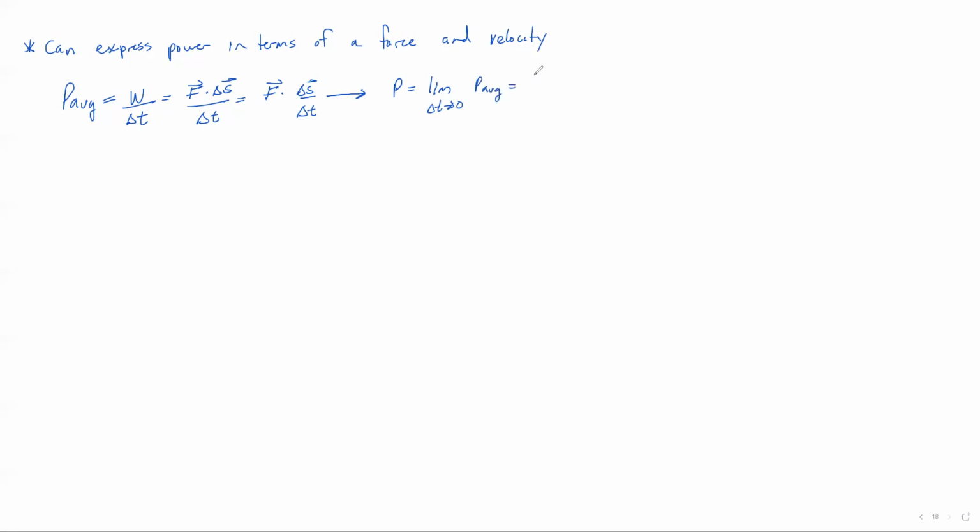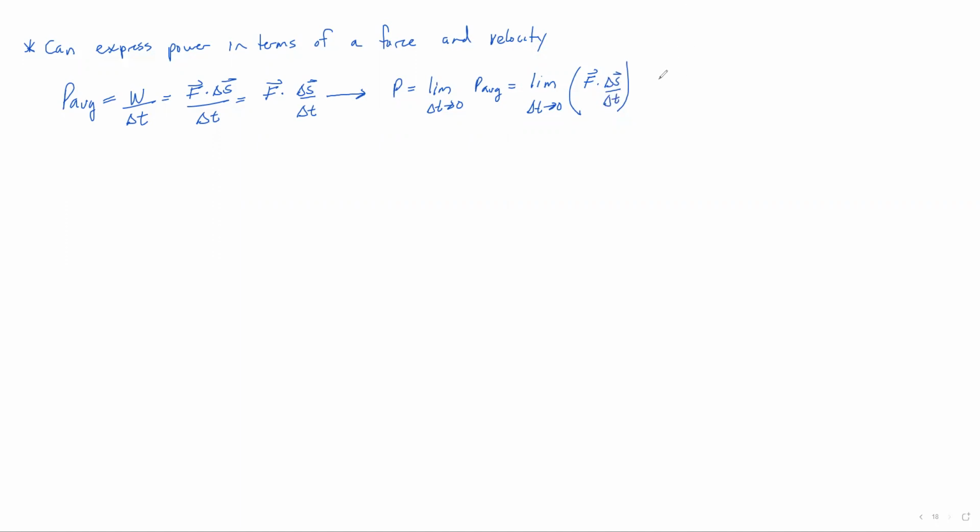So that's the limit as delta t goes to 0 of F dot delta S over delta t.